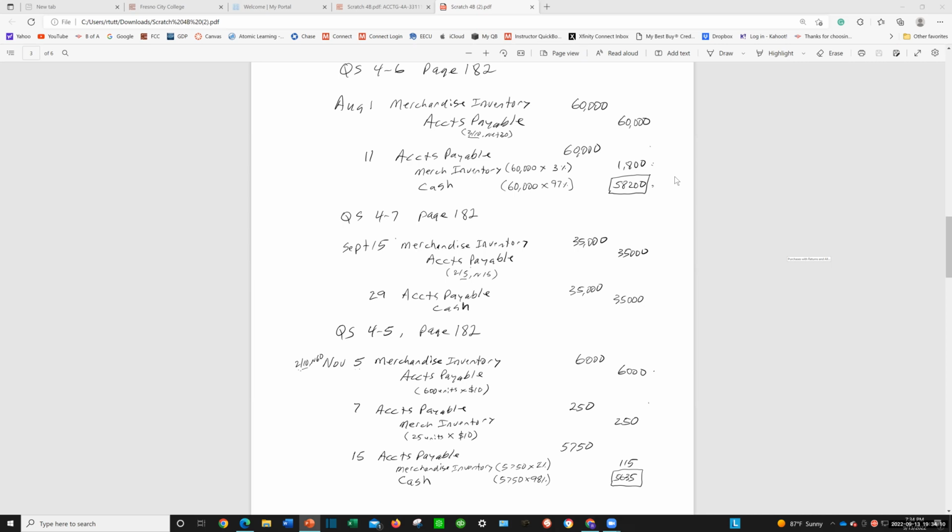Prepare journal entries to record each of the following transactions. The company records purchases using the gross method. It's always going to be the gross method, by the way. We don't do anything else. And a perpetual inventory system. That means that we're going to debit and credit our inventory account. That's basically what it is.